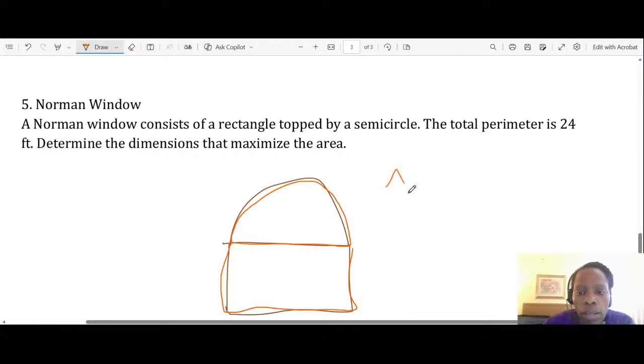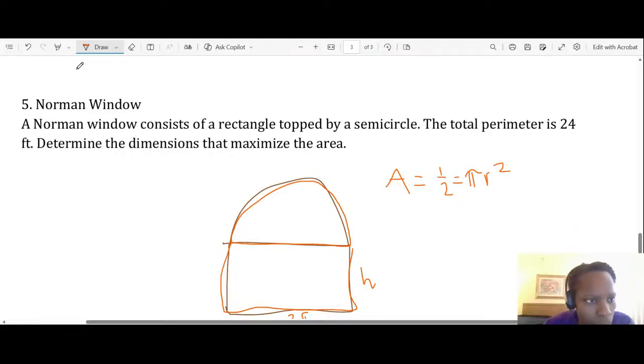Okay. So the area is going to be half of pi r squared, and then it's going to be, let's say 2r, that's the diameter, times h. Hold on.